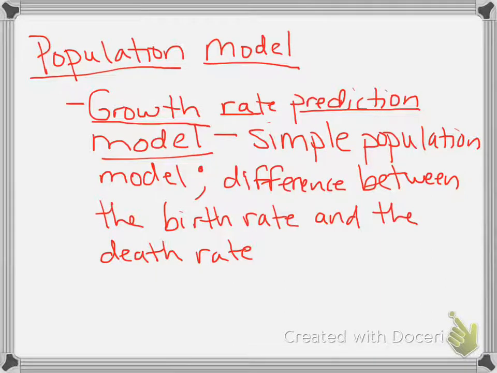So population models, as I said before, we can take a look at how populations are going to grow and kind of predict their growth rate. And if we have the growth rate prediction model, this is basically just a simple population model. It's not the one that we actually use in reality. It's basically just the difference between the birth rate and the death rate. So we say, okay, this number of deer are being born, this number of deer are dying. What is the difference?